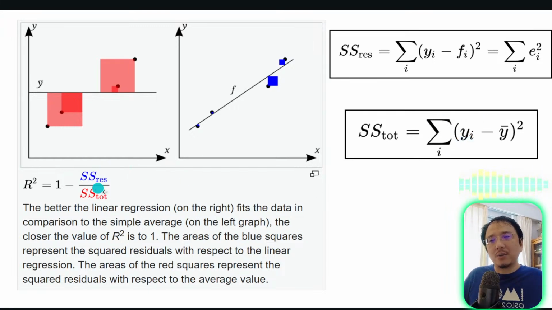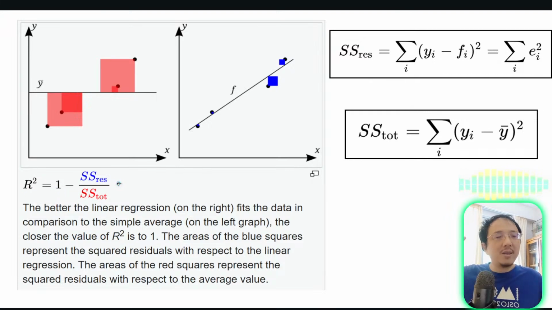So this fraction, this ratio, should be very little. Ideally, it's very close to 0. So your R-squared score is very close to 1. 1 is the best score you can get for R-squared.